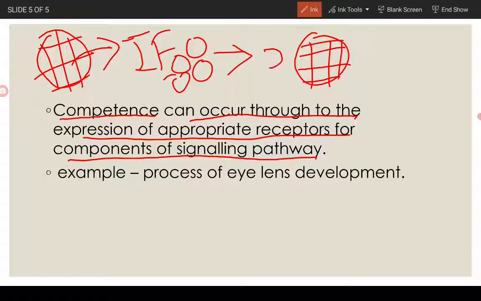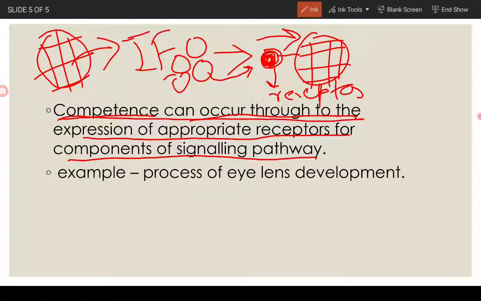For it to be competent, it needs to have a receptor so that these signaling molecules could bind to the receptors and give the signal to these cells. So competence can occur through the expression of appropriate receptors.